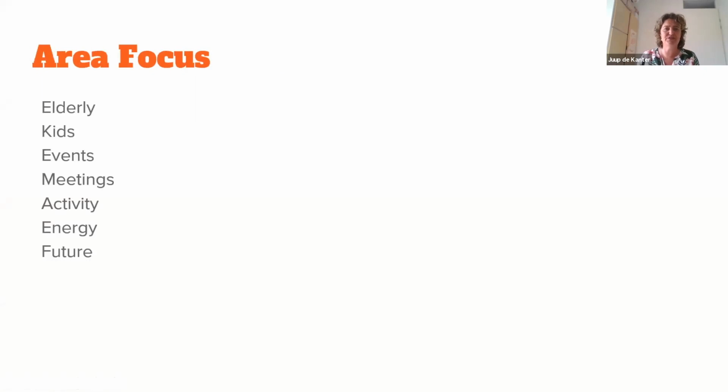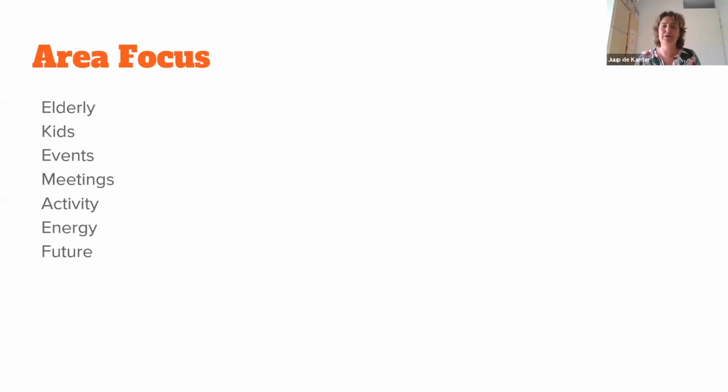If your focus is different, then the outcome is also different. And in lateral thinking, there are 2 types of focuses. One is the area focus, for example elderly or kids or events, meetings, activity. So they are nouns most of the time. It's a topic where you want to think broadly of different solutions.